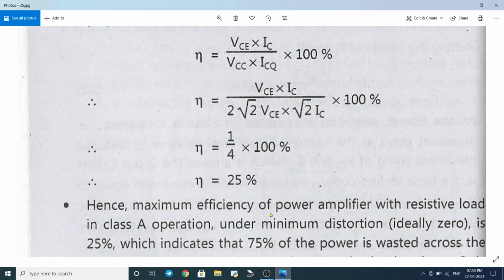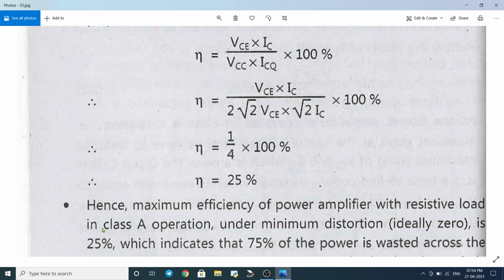The maximum efficiency of the class A power amplifier with resistive load in class A operation is only 25%.